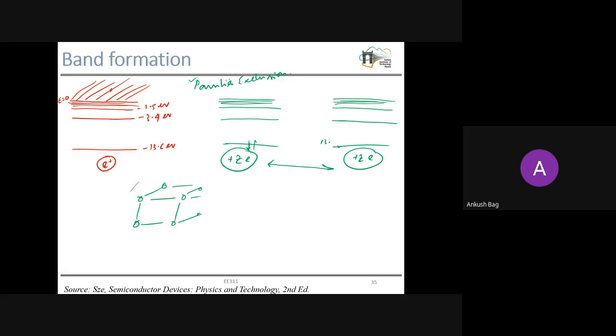I think I'm not drawing correctly, but still, here these are discrete atoms, close to each other. Due to Pauli's exclusion principle, if we bring these atoms closer and closer, there will be a split in energy level. Let me draw this.